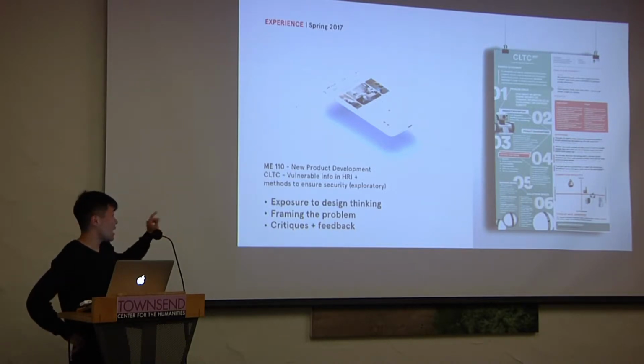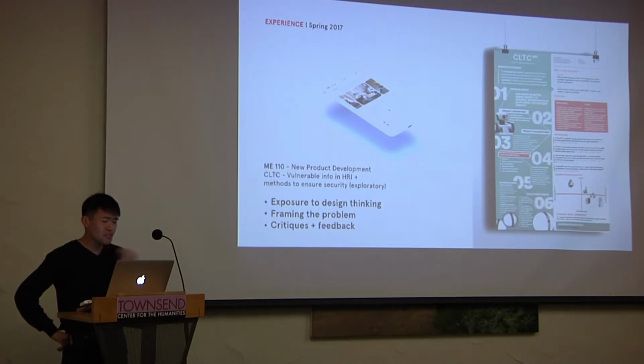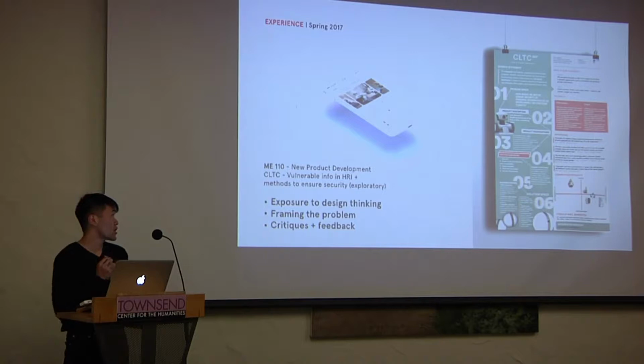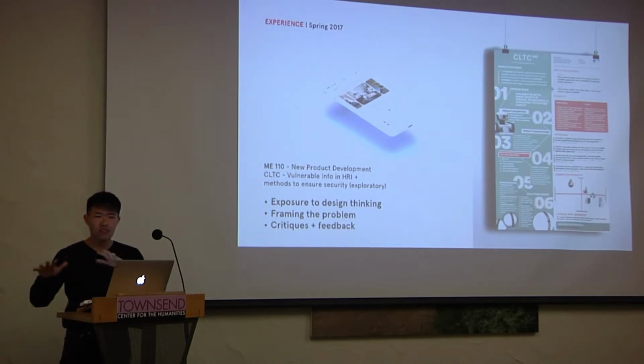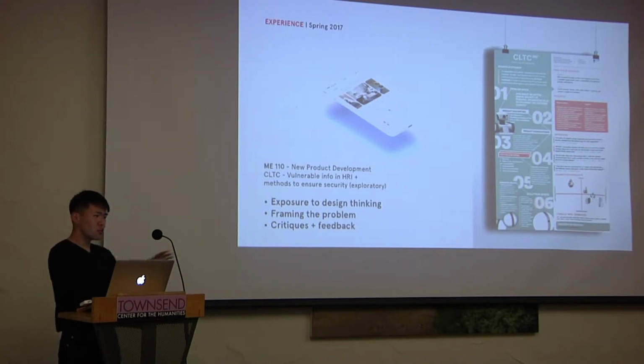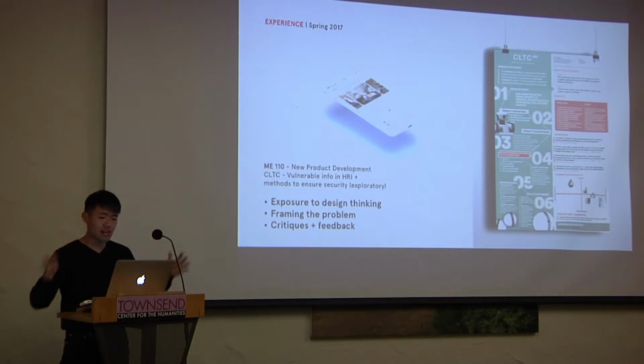Thankfully we had a project connected to Alice, and it was in relation to the Center for Long-Term Cybersecurity. And basically what our project entailed was understanding what kind of vulnerable information is created when people interact with robotic technology. More specifically with a nanny cam, which is basically a camera that moves around in your home setting. It monitors everything from children to pets, all the way to just your environment to make sure that you have a close eye on it.